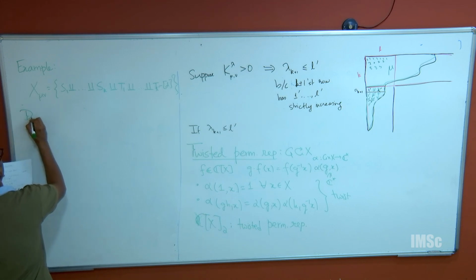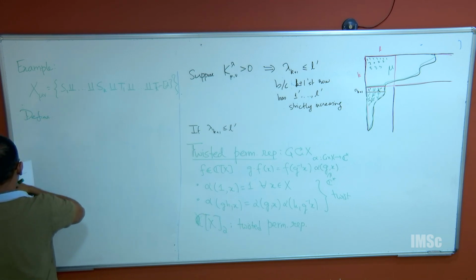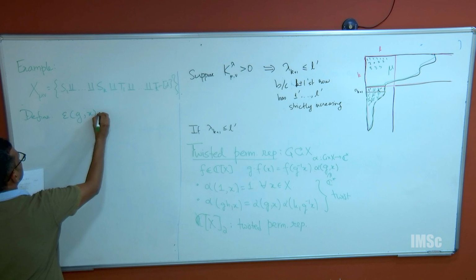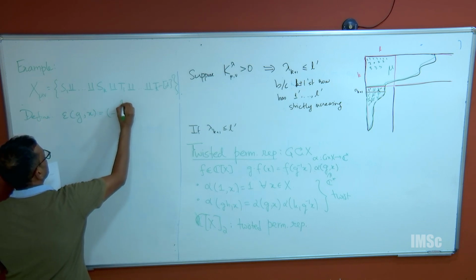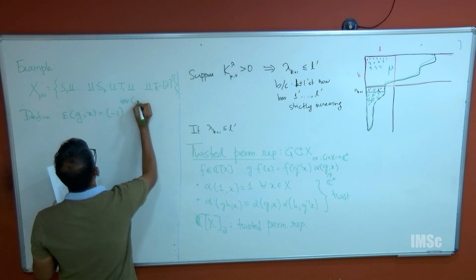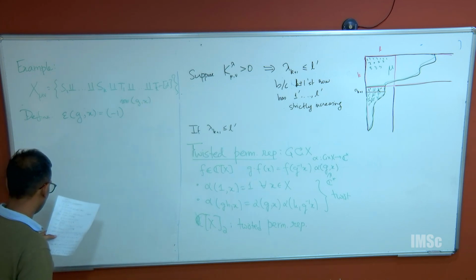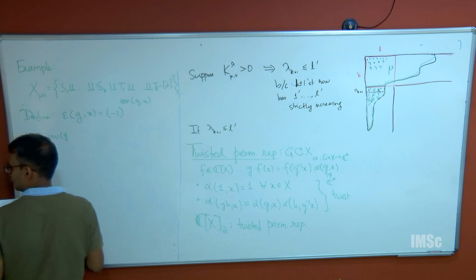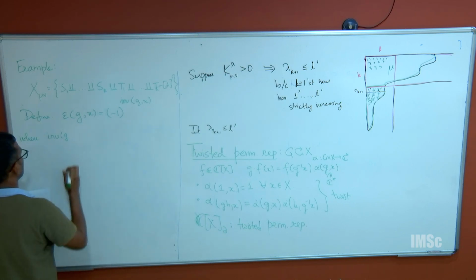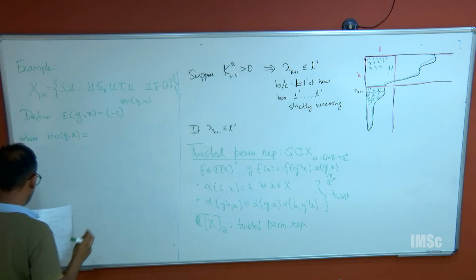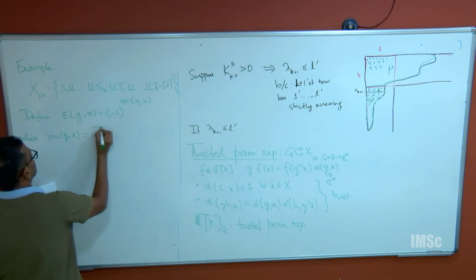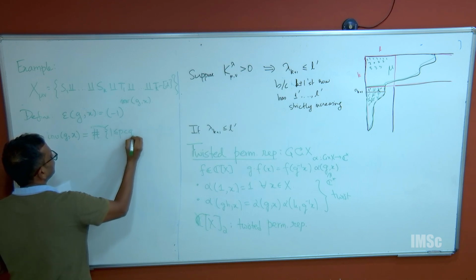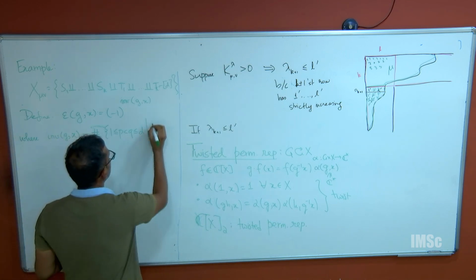Then define epsilon(g, x), this is going to be my twist, to be minus 1 raised to inv(g, x), where inv(g, x) is equal to the number of 1 less than or equal to p less than q less than or equal to d, such that g(p) is greater than g(q).